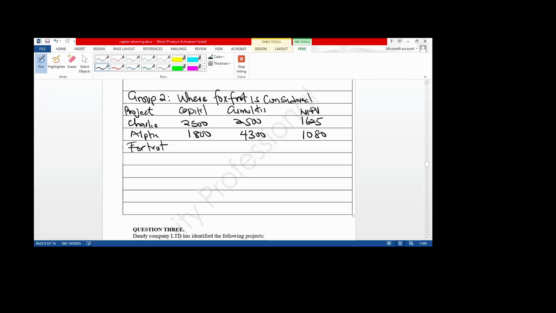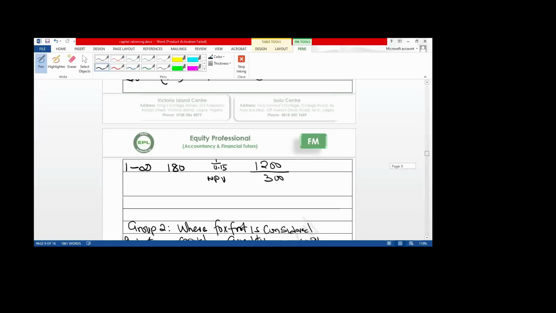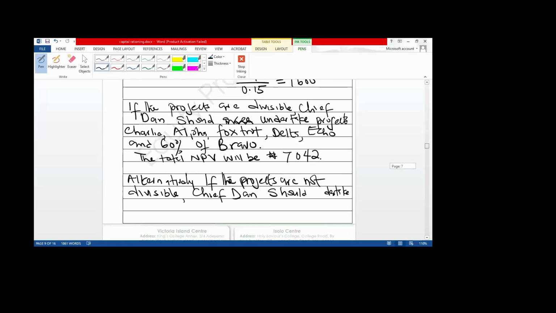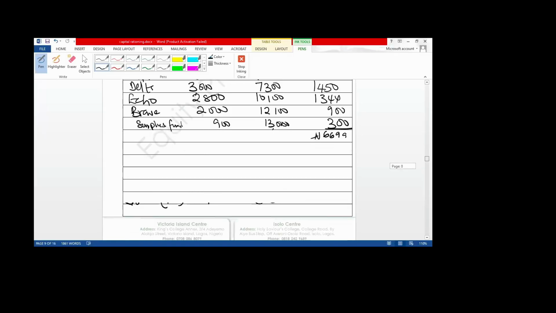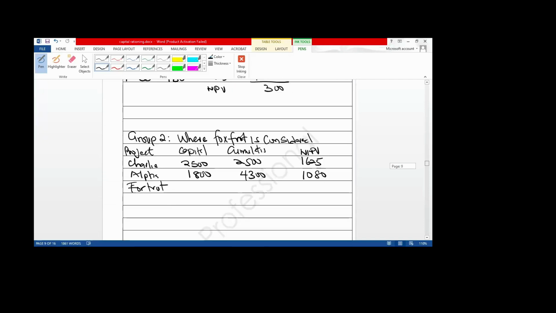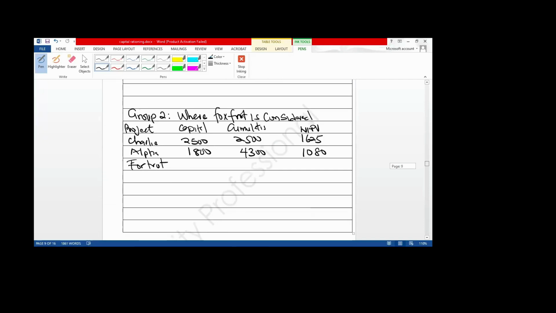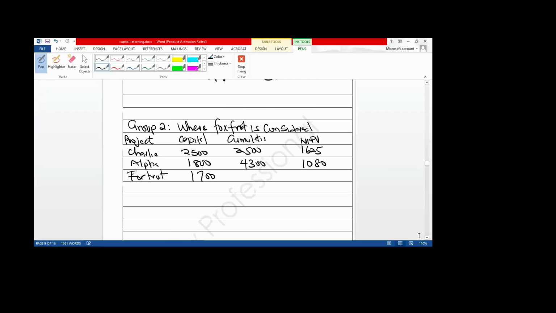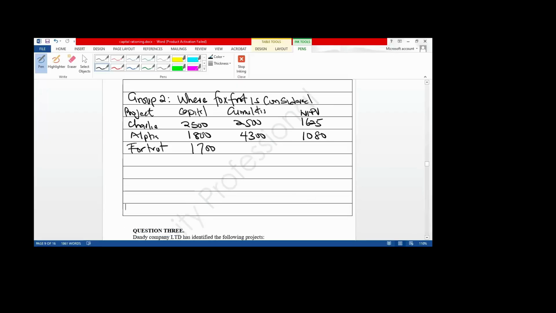What is the capital cost of the project? 17. What is the NPV? 1003. Our cumulative is 6,000.